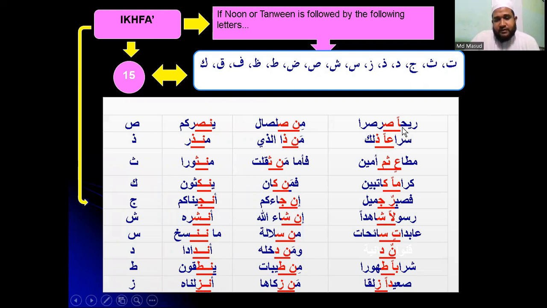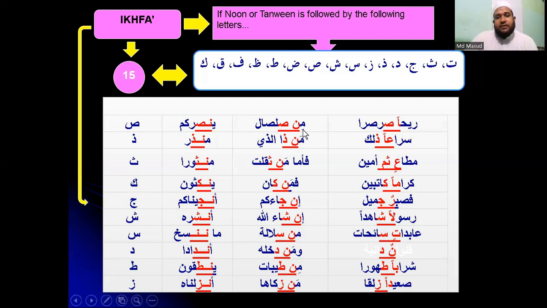So rihan, there is Tanween that is followed by the letter of ikhfa. That's why we're making it an ikhfa sound. So how is the ikhfa sound? Please listen to me very carefully. Rihan, not rihan or rihan. This is rihan, rihan, soro.